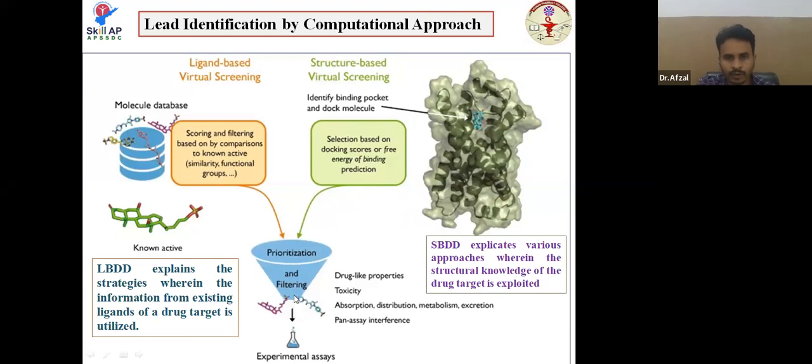And we will filter the compounds, and after filtering, we'll get some molecules. Those molecules are then entered into synthesis as well as experimentation. So these are the two basic approaches we utilize for the identification of lead compounds by computer-aided tools.